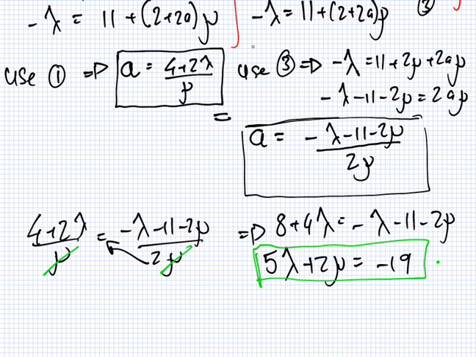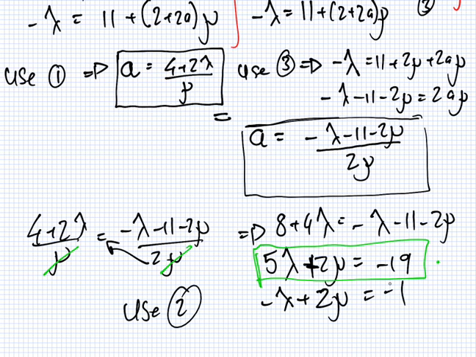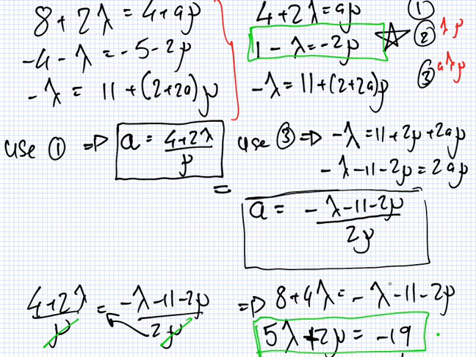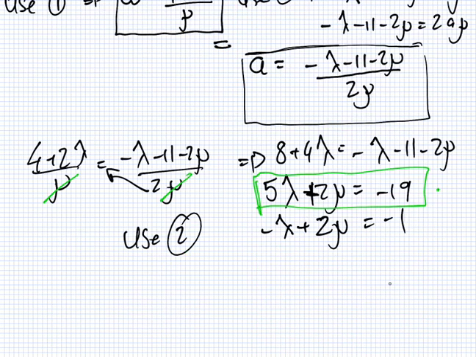Minus lambda plus 2 mu equals minus 1, so this is me using 2. Wasn't it? Is this 1 minus? I brought the mu to the left and the 1 to the right. Minus lambda plus 2 mu equals 1, yeah.